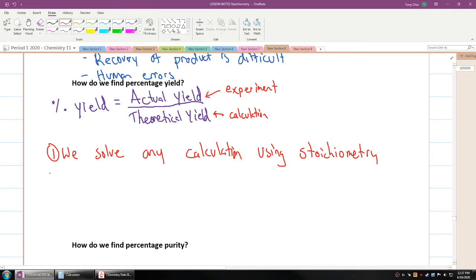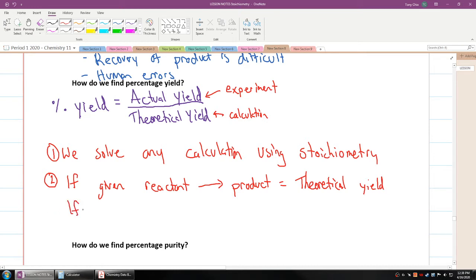But here's a little strategy. When you're calculating stoichiometry and you're converting, if given a reactant to start off with, and you convert it to a product using stoichiometry, you just solve for the theoretical yield.